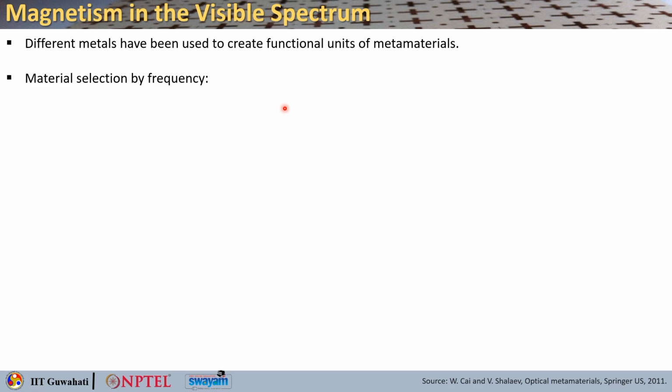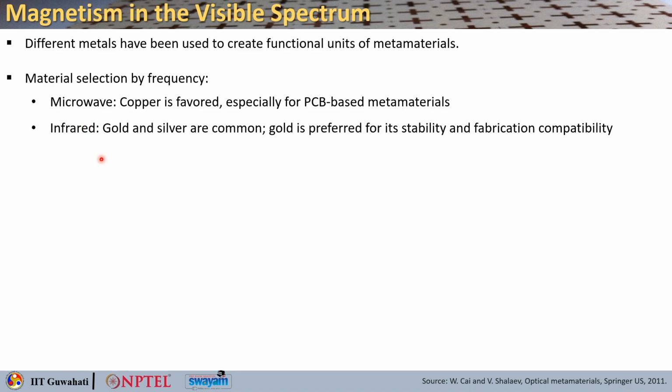So, for metamaterials that are operational from microwave frequencies to near infrared, in the case of microwave frequencies, copper is the commonly used one, specifically for PCB based metamaterials, because they are easy to fabricate using PCB fabrication.